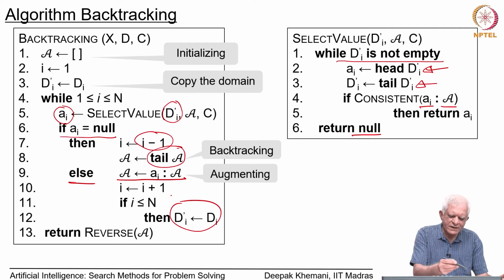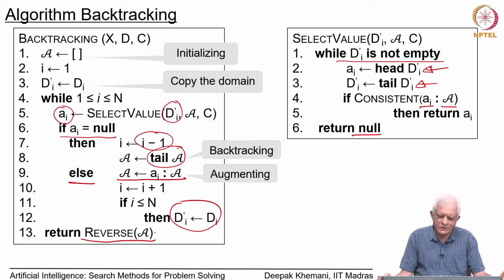In our case, we are assuming that this assignment is a global variable, and it is either null or it has n values in it, and the n values we reverse just to be consistent with the way people think about solutions, that the solution is from x 1 to x n and the values are a 1 to a n. So, that is a simple algorithm, backtracking.